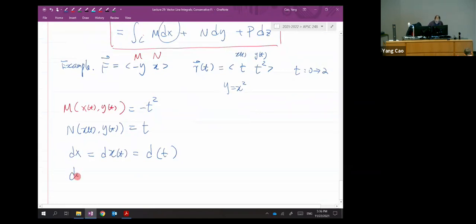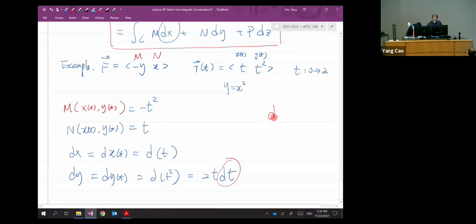Now dy: you replace y with t squared, so it's the differential of t squared. This one you need to do something with. That's 2t times dt. I often find a lot of people still having trouble with the difference between a differential and a derivative.